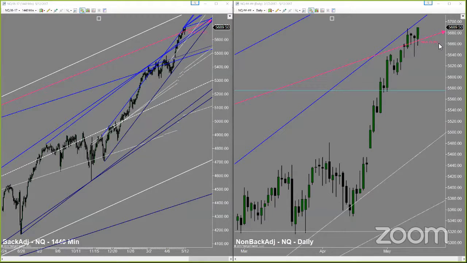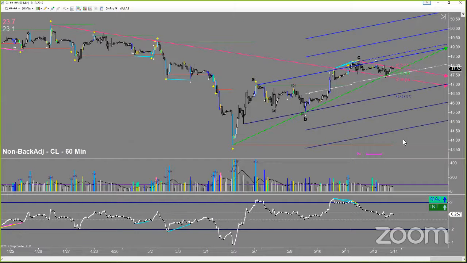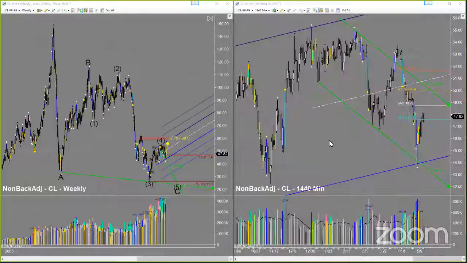If that is the case, then oil will forever have a ceiling. What do you mean oil is going to forever have a ceiling? I missed that, Samir. I don't know what you mean. I'd say it's the buy of a lifetime, buy of the decade, because of the end of this pattern.